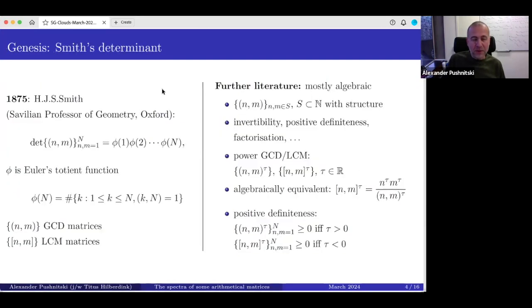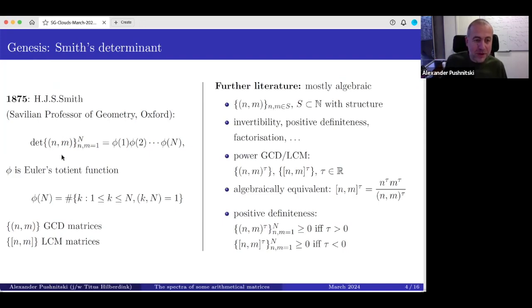Now, let me talk a little bit about the history of this subject. The genesis of this topic is Smith's determinant. Smith was a professor in Oxford, and at some point he decided to compute this determinant.